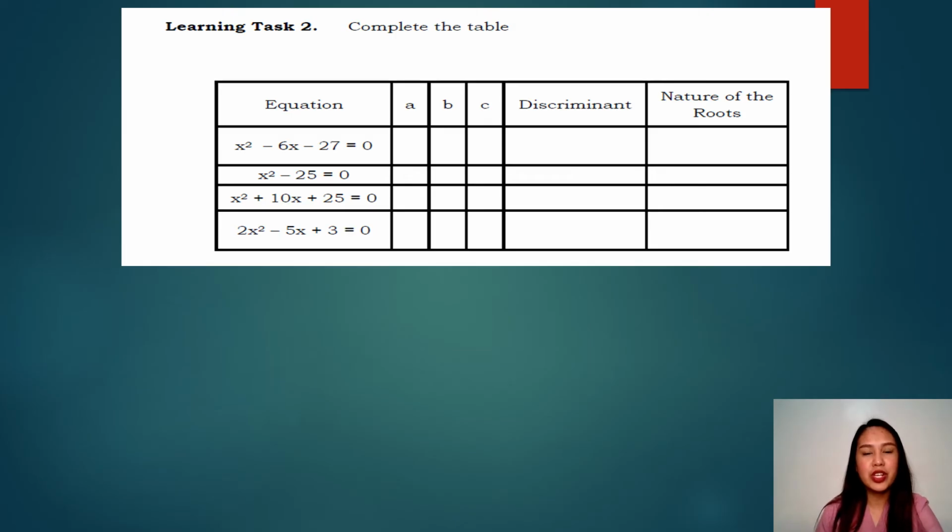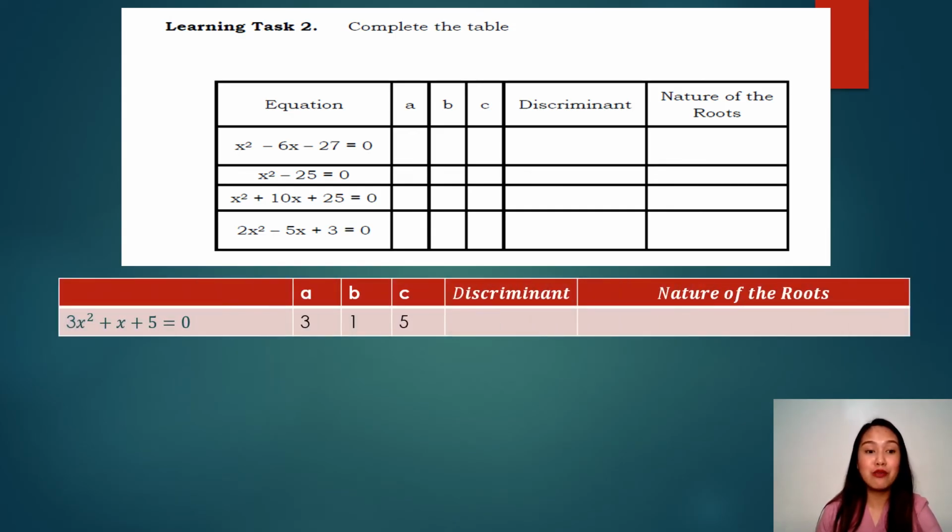Alright, so this is learning task 2. We have to complete the table: values of a, b, c, discriminant, and roots. Suppose I have this example, 3x squared plus x plus 5 equal to 0. So the values of a, b, c are 3, 1, and 5. To answer the discriminant here, you have to use the formula b squared minus 4ac.